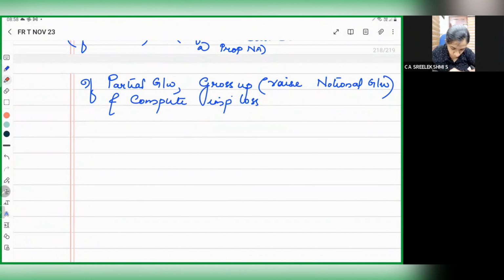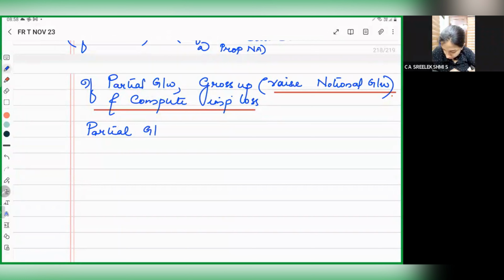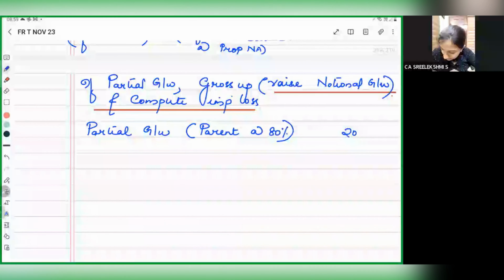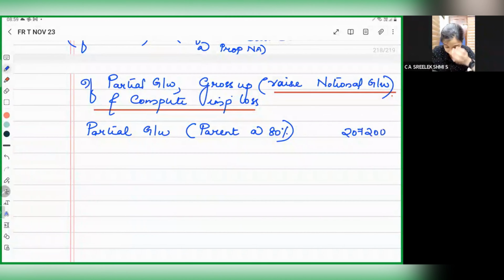So what should I do? Partial goodwill. The parent's goodwill at 80% is 2,07,200.